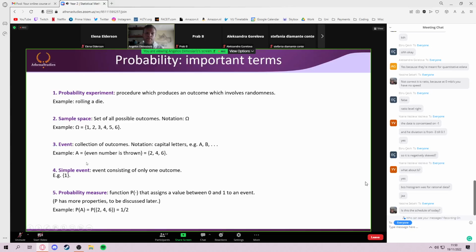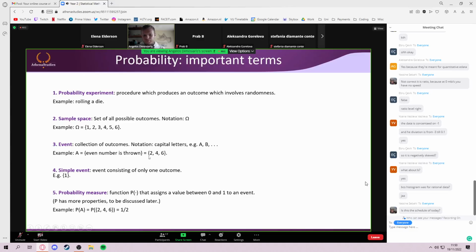The probability of A, where A is an even number is thrown. So this is P, then a normal parenthesis, then the brackets with 2, 4, 6, closing the brackets and the parenthesis, and it equals 1 out of 2.